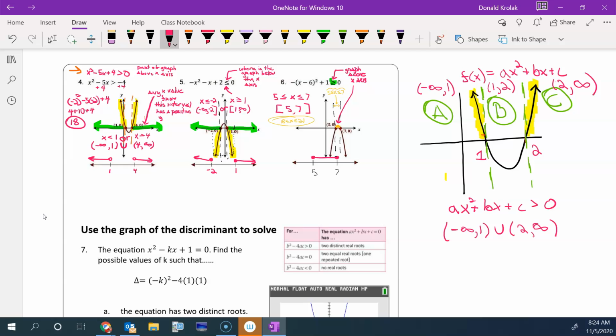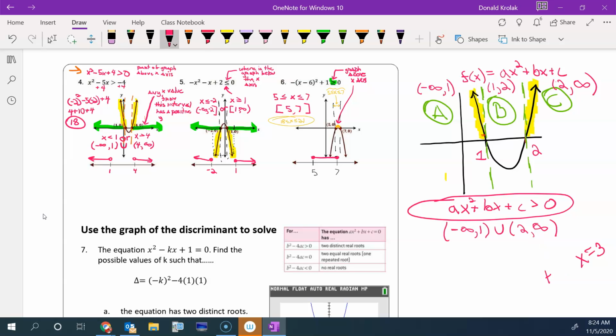So any number in this interval and any number in this interval would satisfy this inequality. Let's say I picked a number from this interval, like 3. If I took 3 and substituted it into my equation, I'm going to get an answer greater than 0.